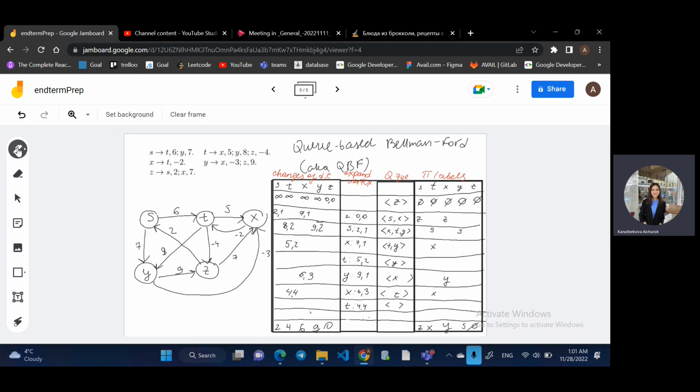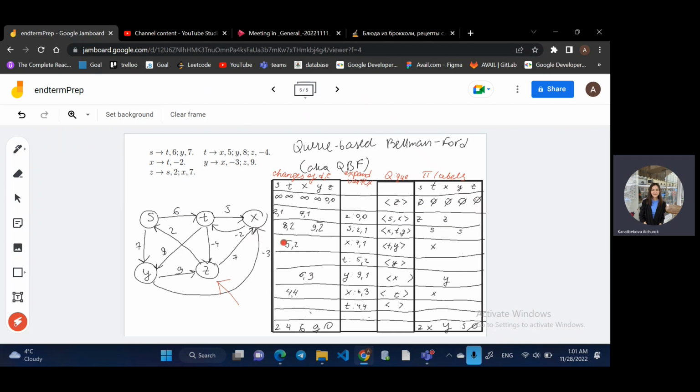So as you know, in the task description, the vertex Z was the source. So we will just start from it. Inside the Q, we will have Z. And the initial value of Z is going to be 0 for D and 0 for E. And the parents of all the nodes are null, as usual.